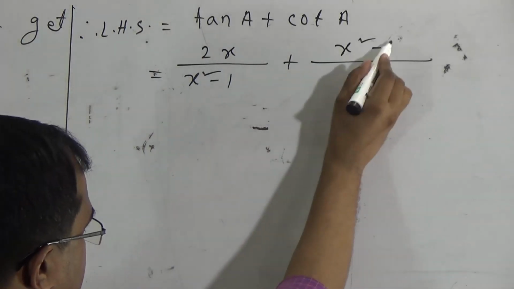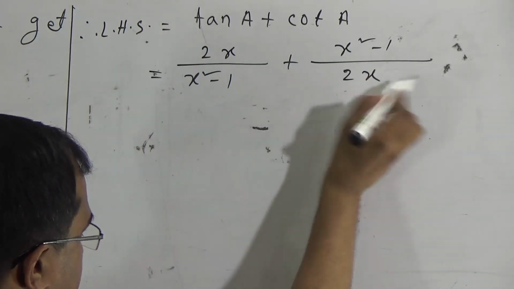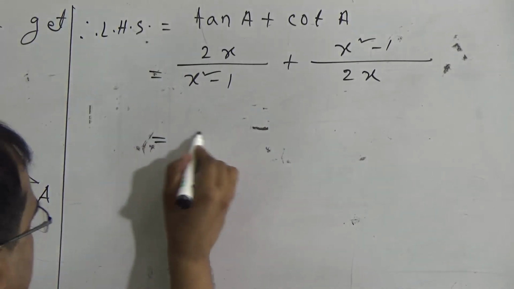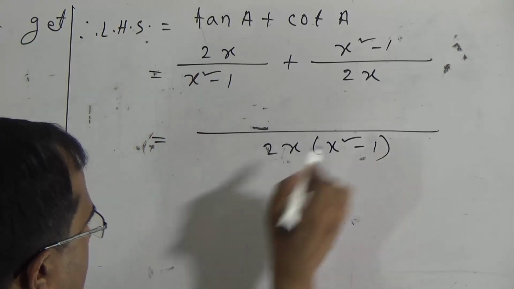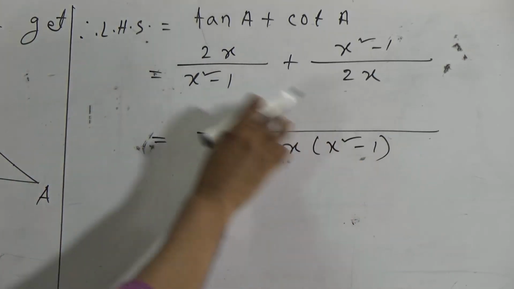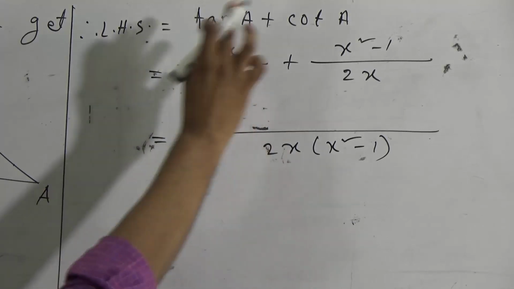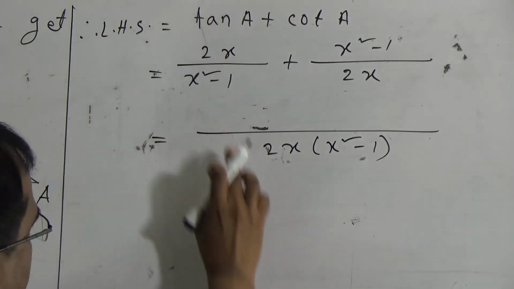Therefore, the LCM will be 2x into x square minus 1. If we divide 2x into x square minus 1 by x square minus 1, then 2x will come.